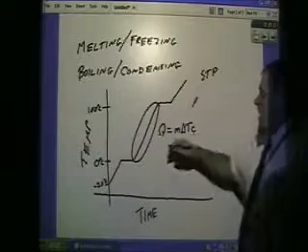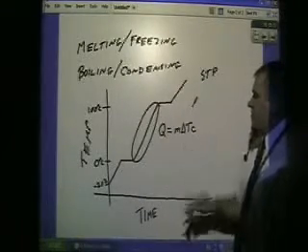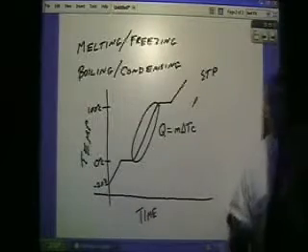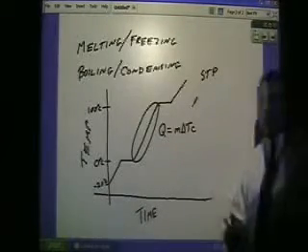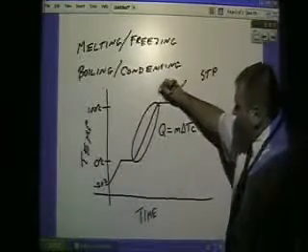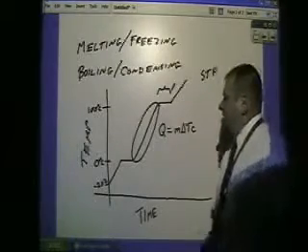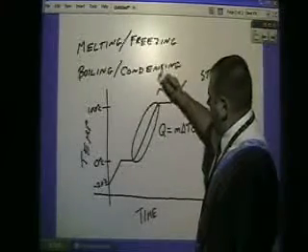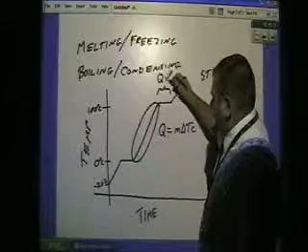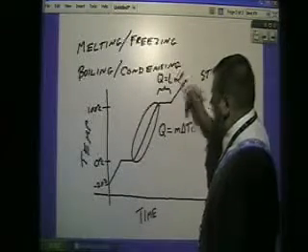So, anytime that you're at a slanted region here, you need to do Q equals M delta T C to find the total amount of energy required to actually bump it from one stage into the next. Alright? Now, when you have these flat portions, the flat portions are going to be where you're doing your Q equals latent heat times your mass.